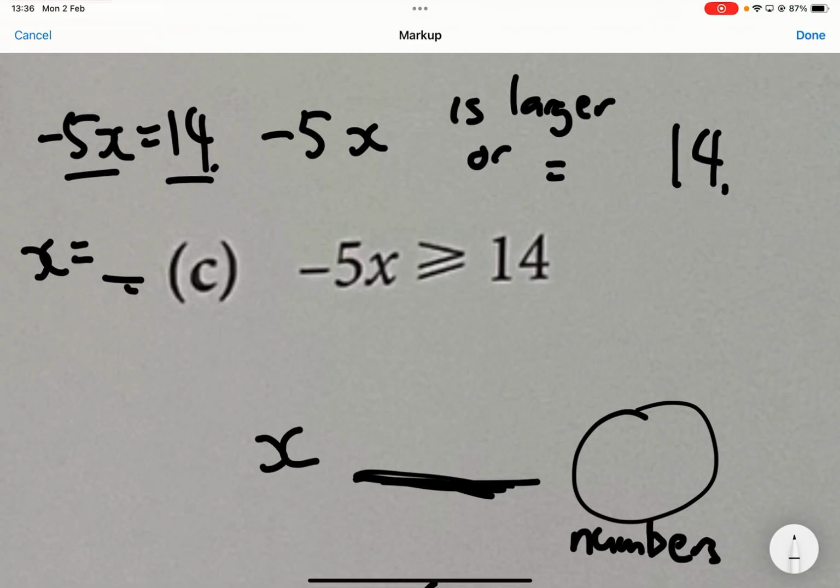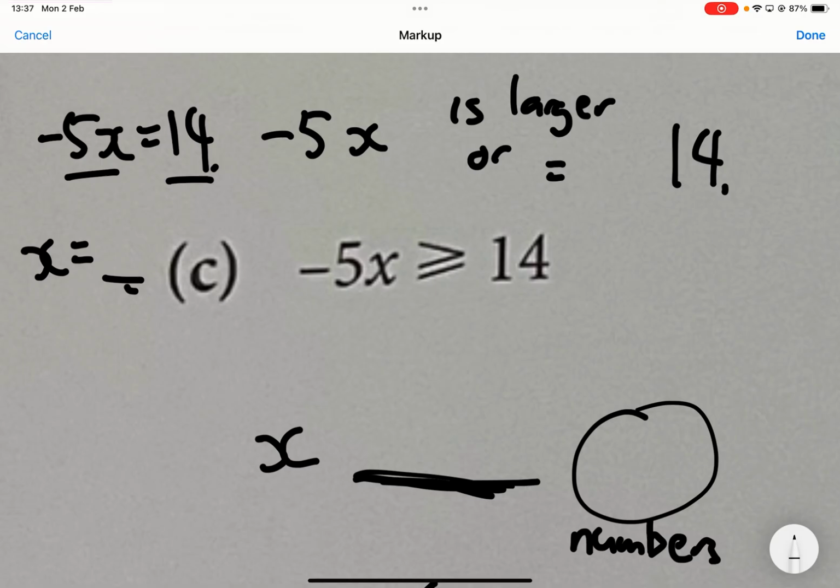This is what they mean by solving. To get to the answer, it is the same as solving an equation. I want to make my left hand side only 1x.